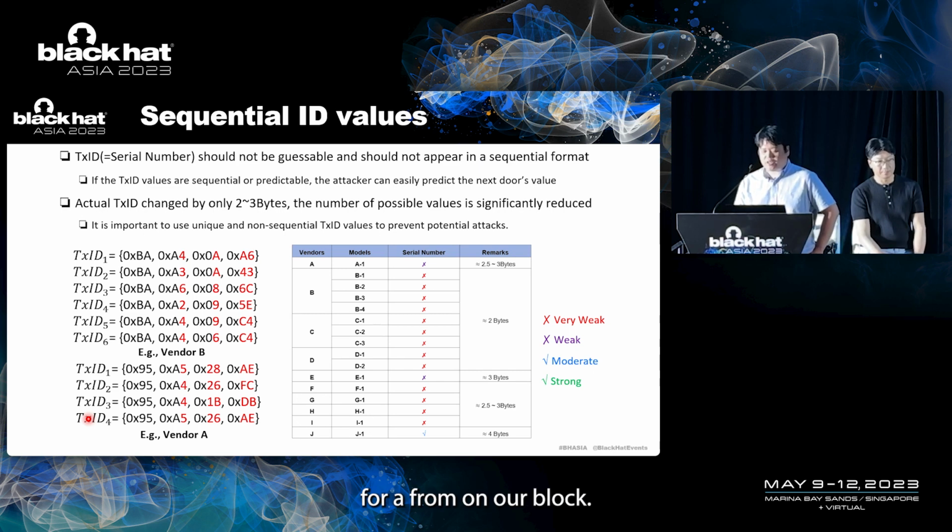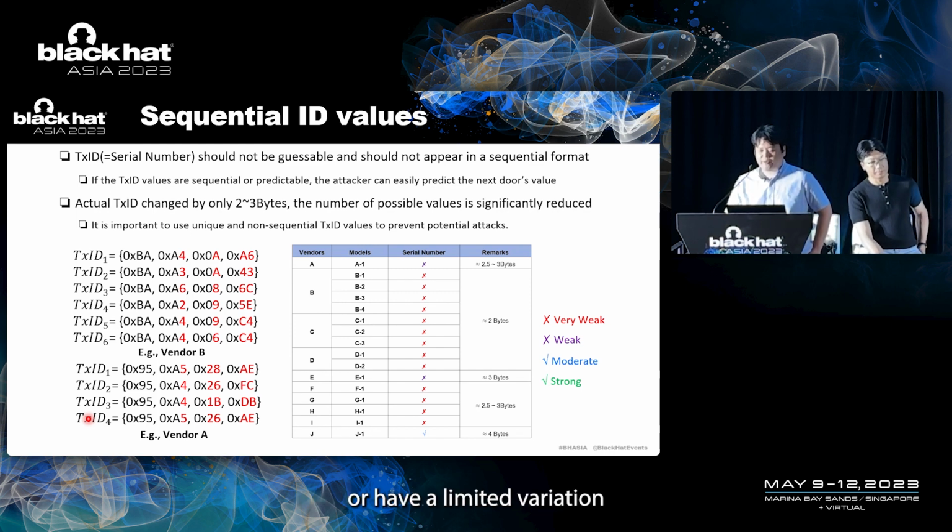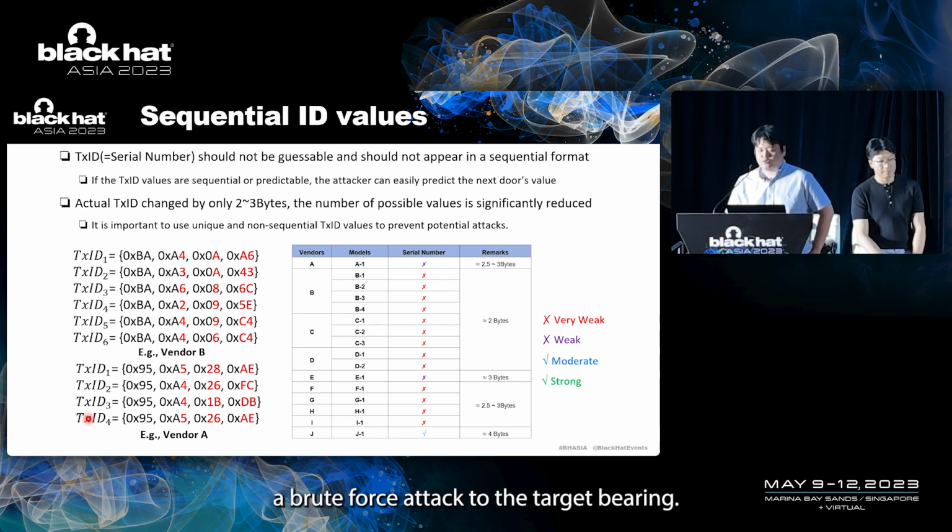From our lock-picking attack perspective, if the ID values are sequential or have limited variation, an attacker can easily initiate a brute force attack to guess the target ID value.